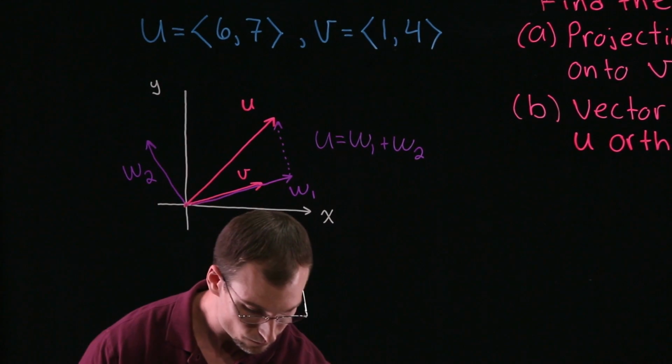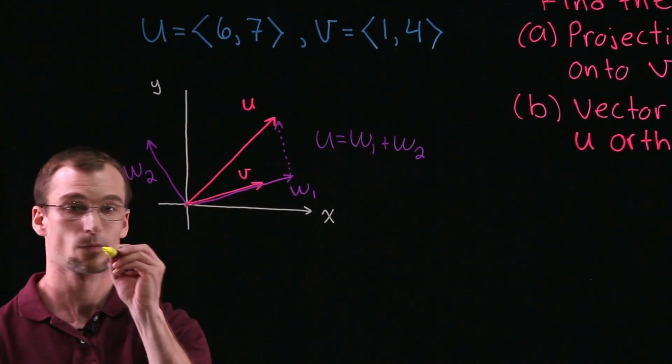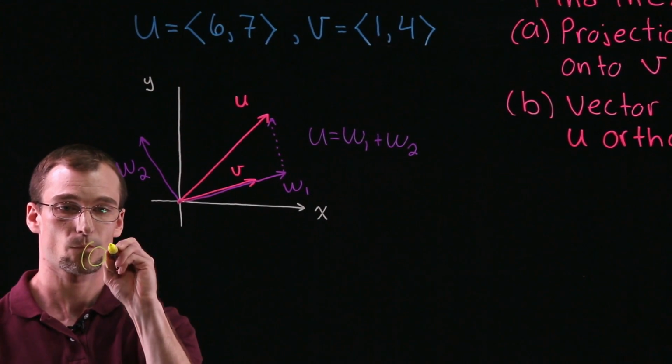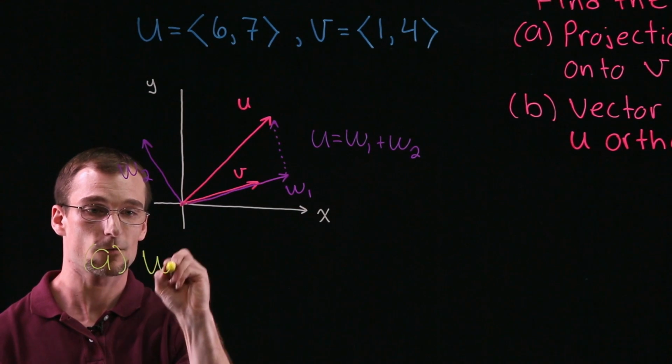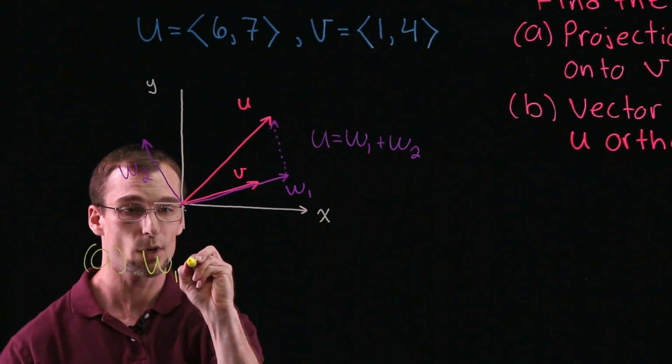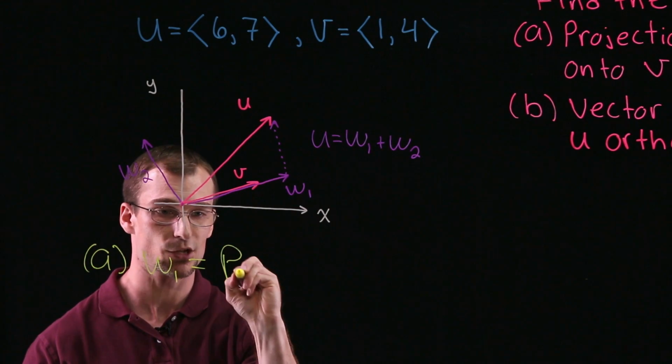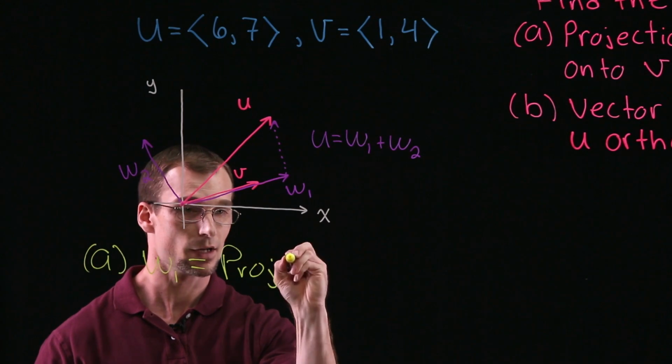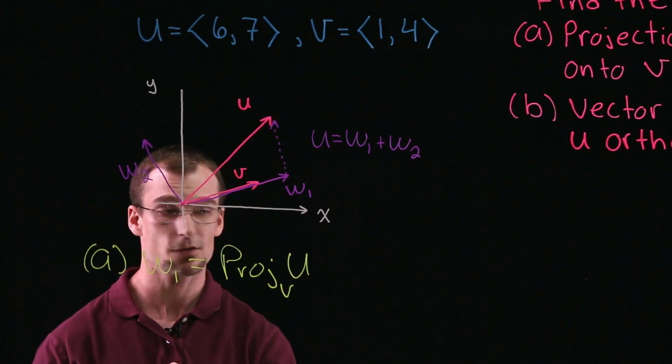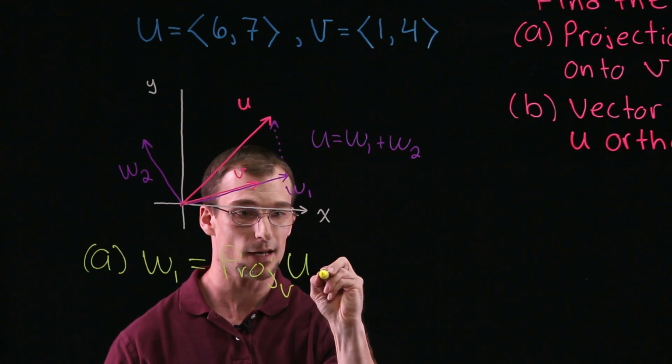With part A, we're finding our w1, which in symbols is the projection of u onto v. And how do we find that?